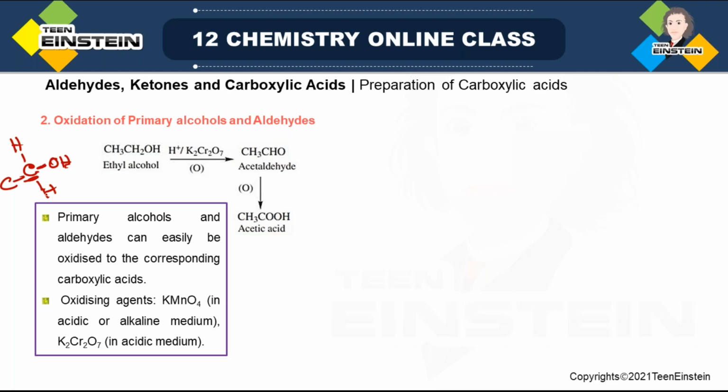You can use primary alcohol and also aldehyde, because if you see, alcohol in presence of an oxidizing agent is not directly converted to acetic acid. First it is converted to acetaldehyde, that is aldehyde, and then it is converted to acetic acid. But if you directly start from aldehyde, then also your product is ultimately the same. So both can be used.